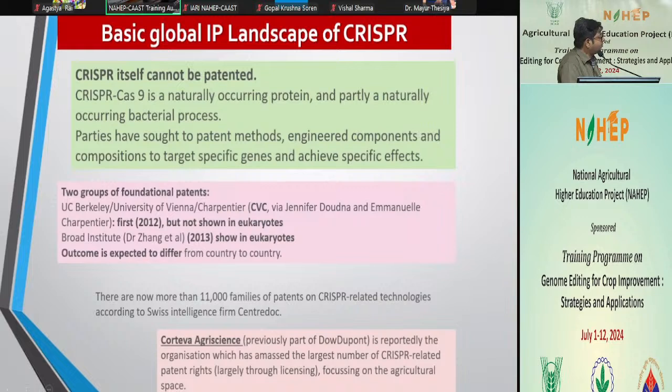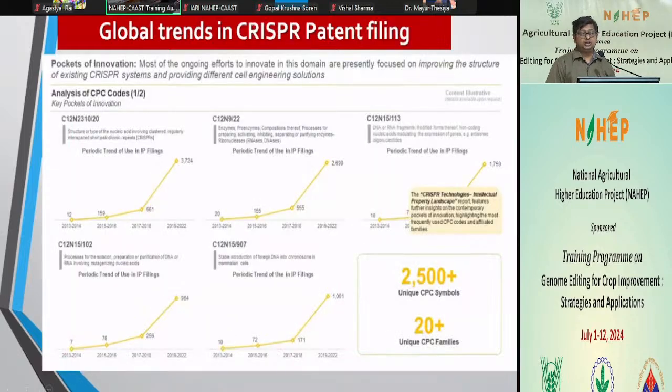And there are many different kinds of patents, about 11,000 patent families for CRISPR-Cas9 if you search in the literature. Corteva Agriscience has taken all the patents from the MIT group, and they are giving licenses like the research license. You will be surprised to know that even for research one has to take a research license. We are not talking about product development.